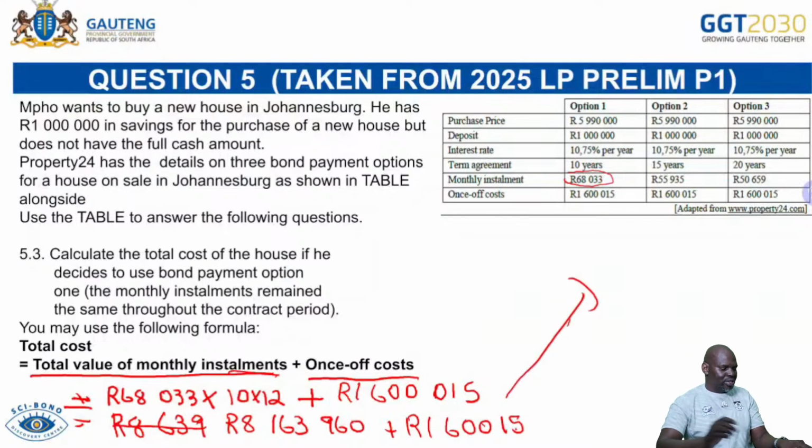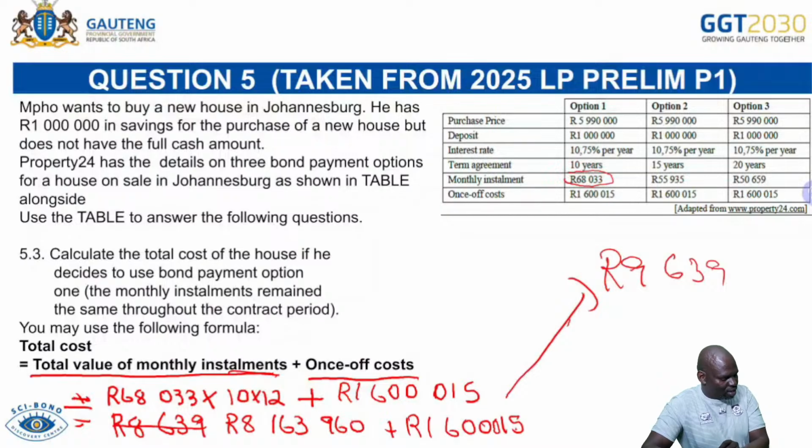Then in the end, the answer will be, if I take 8,163,960, then I add it with 1,600,015, I get 9,639,975.